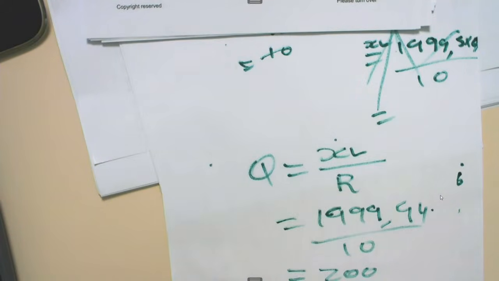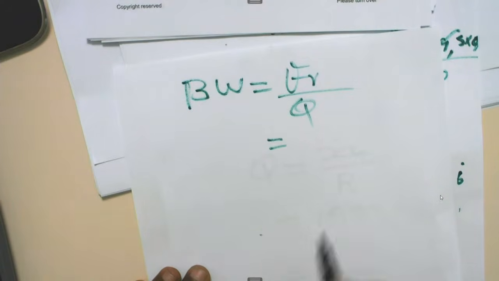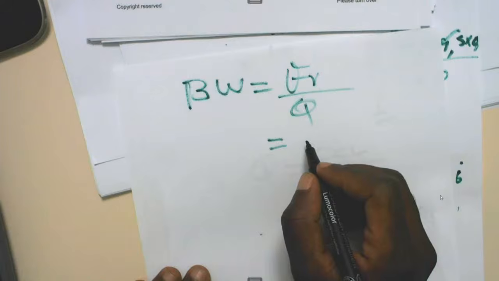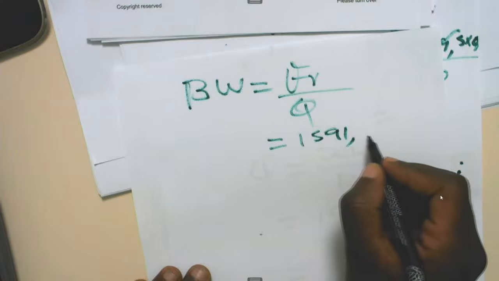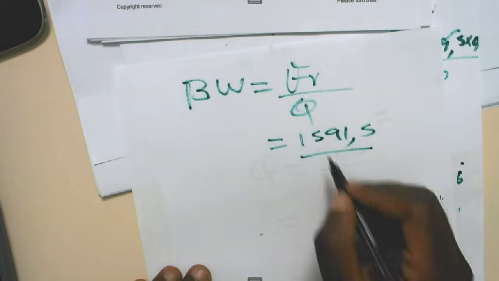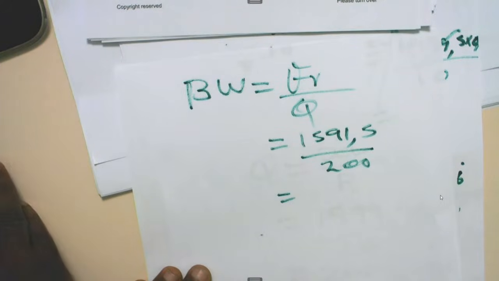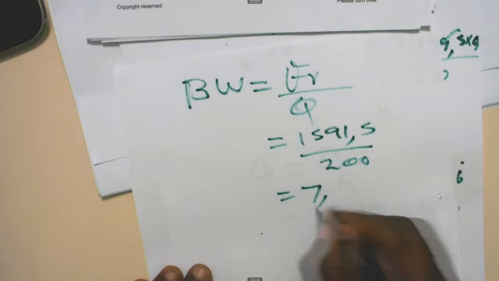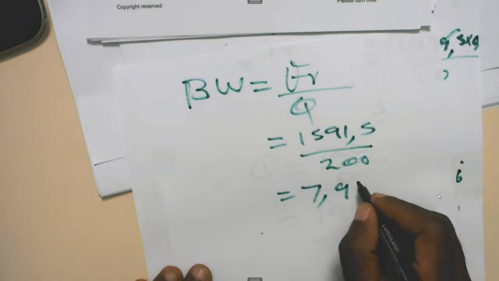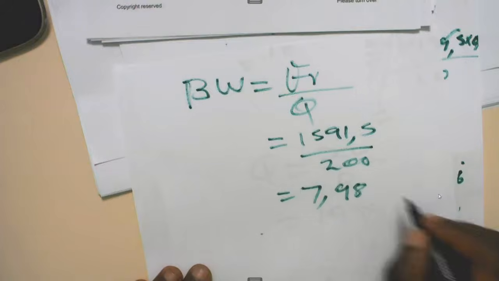In this case we got 200, then frequency was 1,591.5 over Q factor, which we got as 200. Then we'll get the answer of 7.9898 hertz.